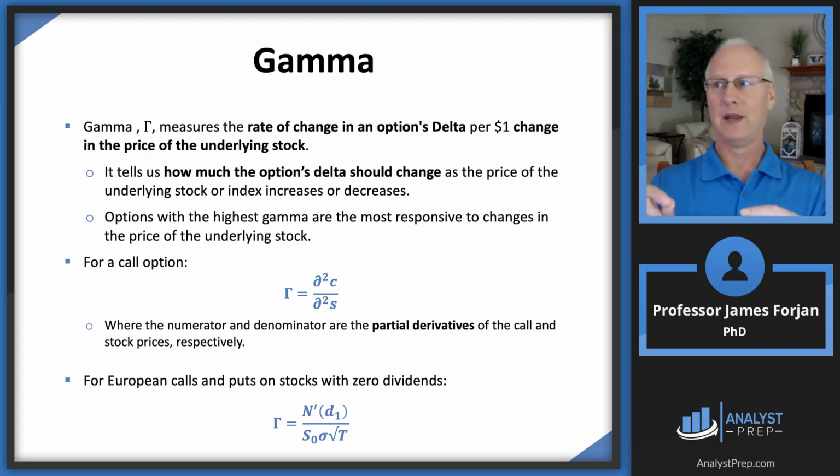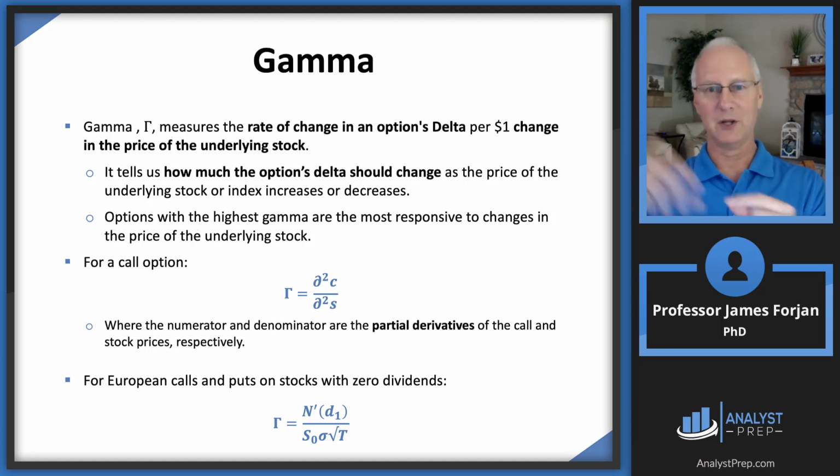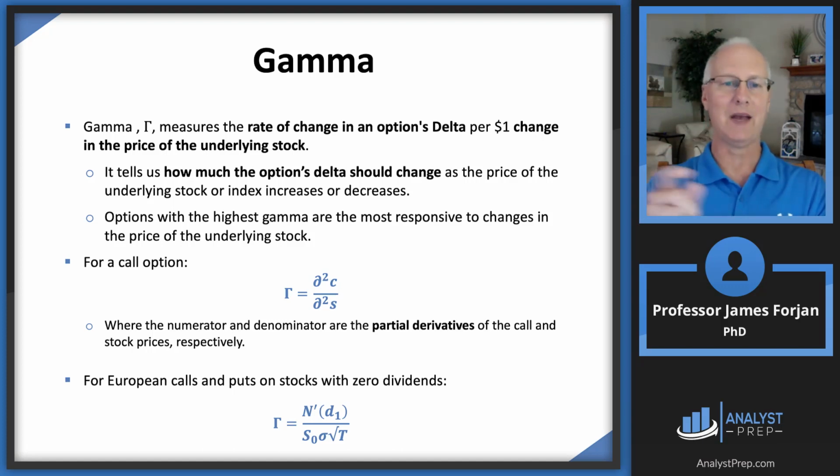So the next time the stock price goes up by $1, you only get at the margin another penny on top of your original 50 cents. But if that delta changes from 0.5 to 0.6, oh my gosh, then you're going to get another 10 cents.